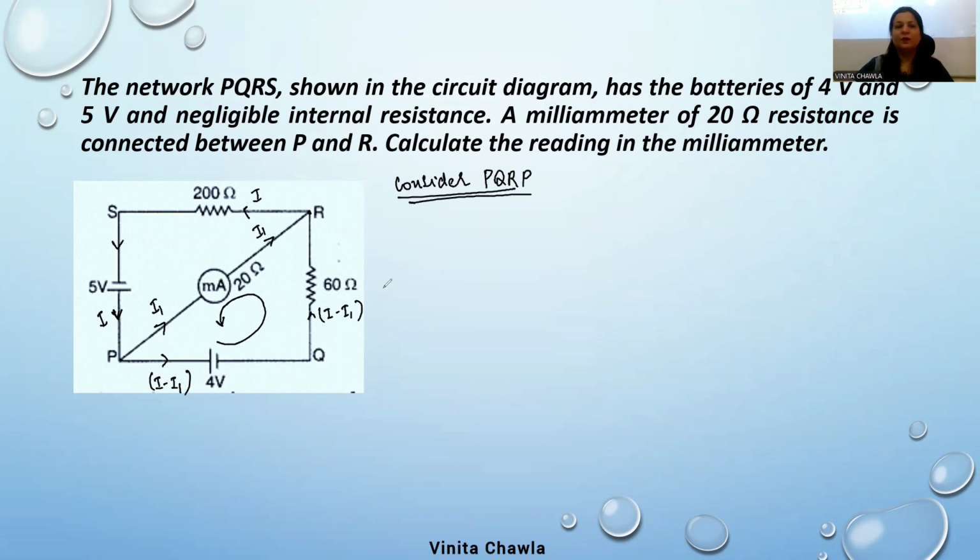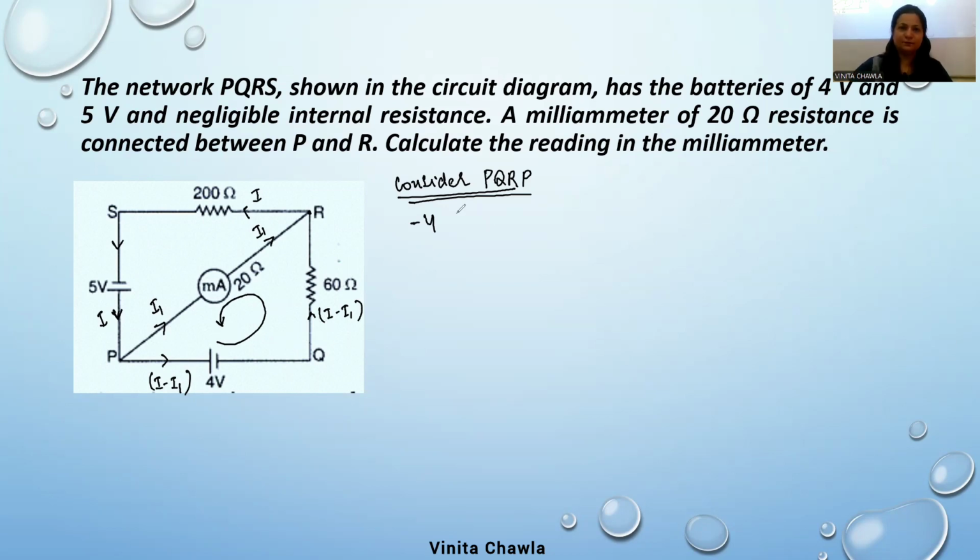If we consider PQRP, we are taking the direction of current towards the positive terminal of the cell, so we'll write this as negative. So it's minus 4. We'll not write plus 4, it's minus 4.